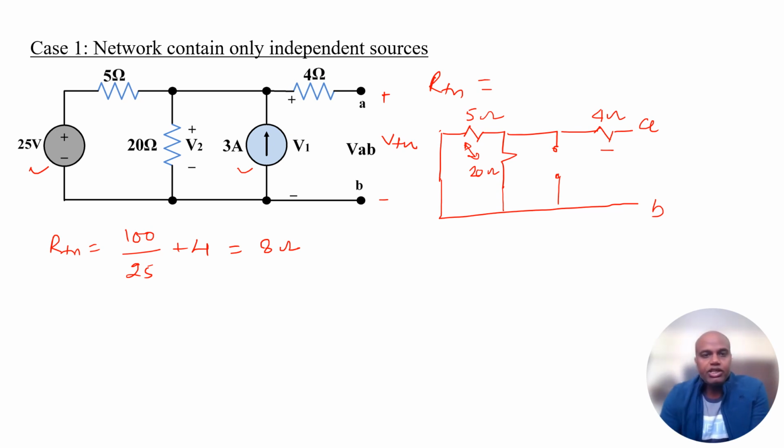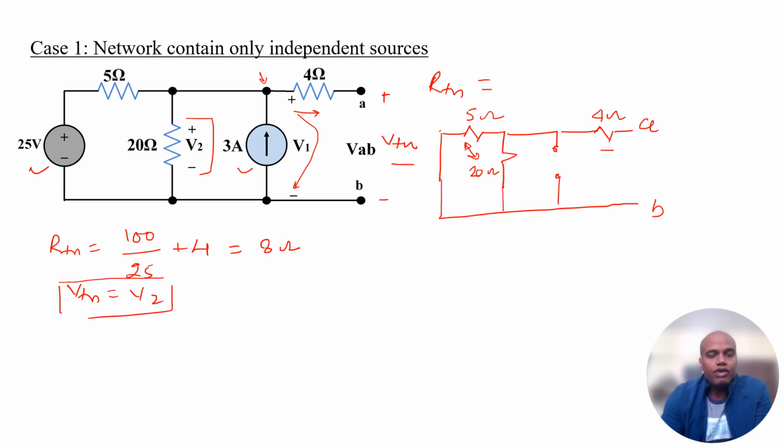To find the VTH here, we can see that this is an open circuit, so there will be no current through the 4 ohm resistance. Therefore, the VTH becomes equal to the same node voltage over here, which is already denoted as V2 and V1. So V1, V2 and VTH, all three will be the same. So the VTH is nothing but the V2. If I am able to find the V2, I will get the value of the VTH.